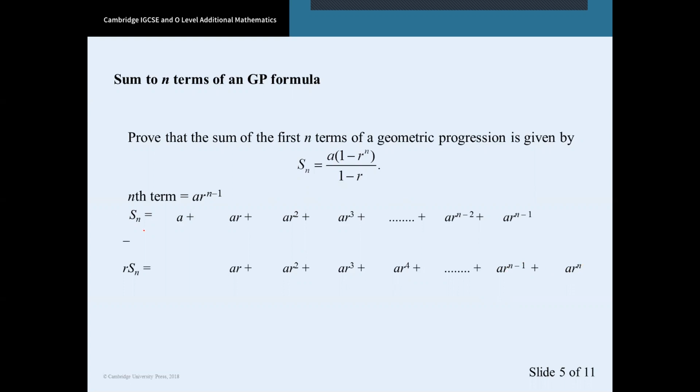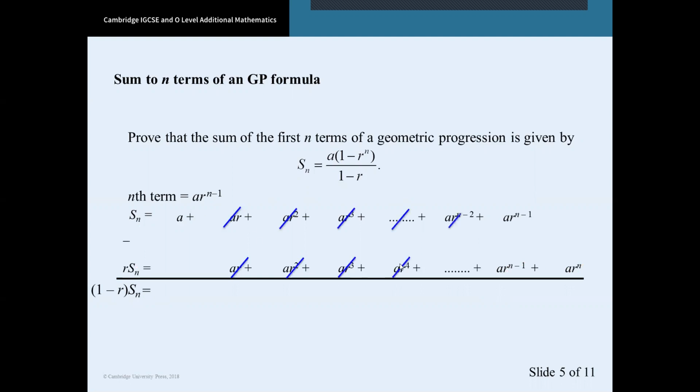So if you use the first sequence minus the second sequence, you get (1 minus r) times Sn. Then the same thing, you can do cancelling. Now on your right hand side you get a minus ar to the power of n.